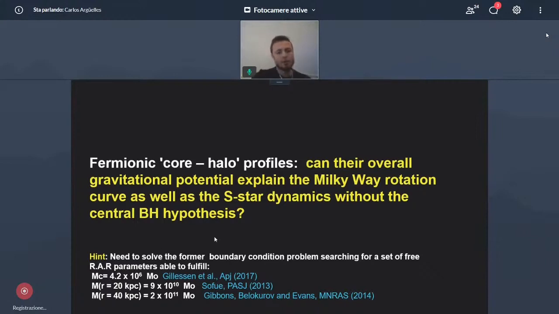Okay, in order to answer this, we have to solve the boundary condition problem and see if there is a set of 3 parameters that allow the dark matter core mass to reproduce the 4.2 × 10⁶ solar masses, and also 2 other very well constrained values for the mass at 20 kiloparsec by Sofue and at 40 kiloparsec by the constraint from the Sagittarius dwarf satellite by Gibbons, Belokurov and Evans.